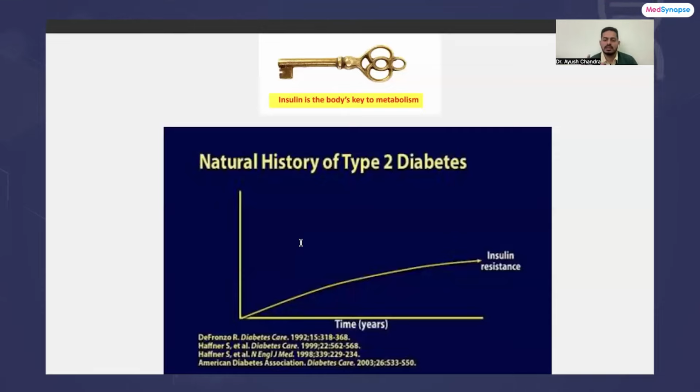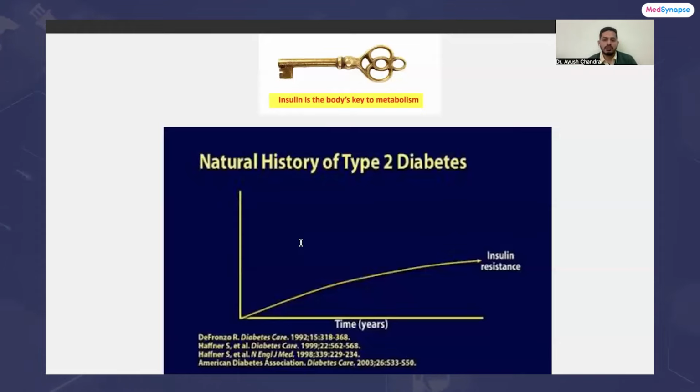These cells resist the glucose, and ultimately it is not able to enter into various parts like your brain, your muscles, etc., and it remains in the bloodstream, giving rise to high sugar levels, and ultimately these symptoms occur. So insulin is the key. It is the key to the metabolism, which allows the glucose to enter into various parts of the body.